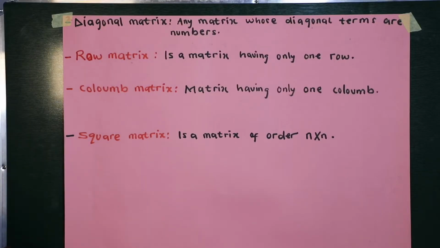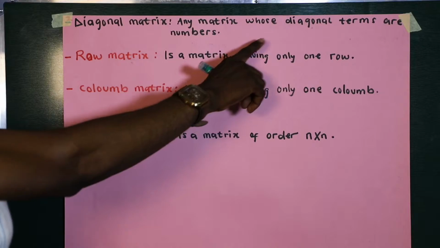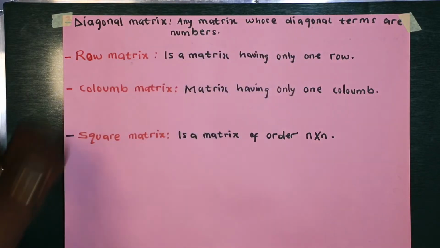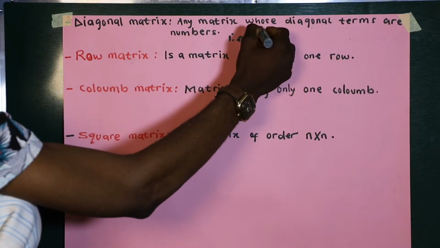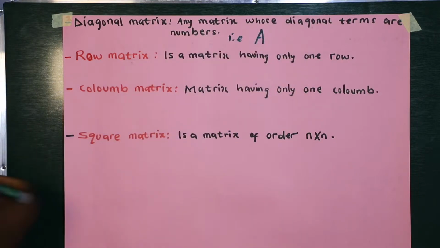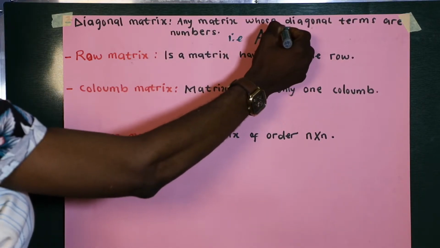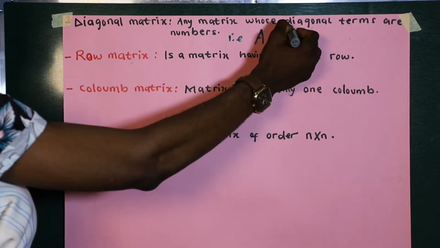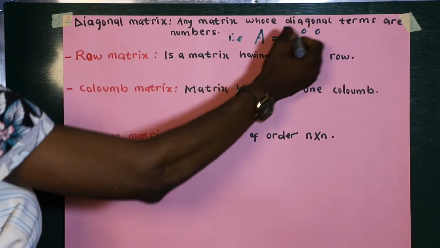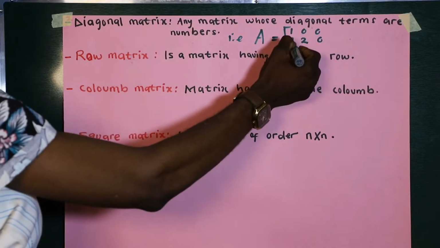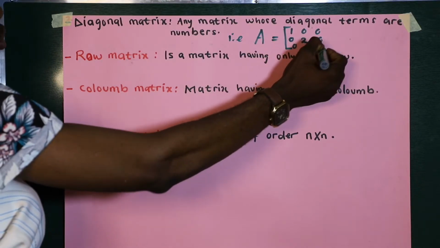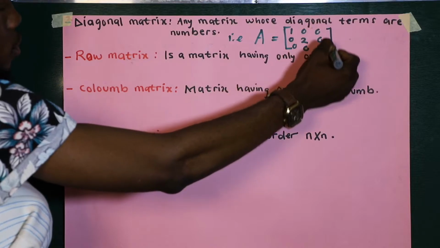Diagonal matrix. Any matrix whose diagonal terms are numbers, i.e., let A be the matrix 1, 0, 0, 0, 2, 0, 0, 0, 3.